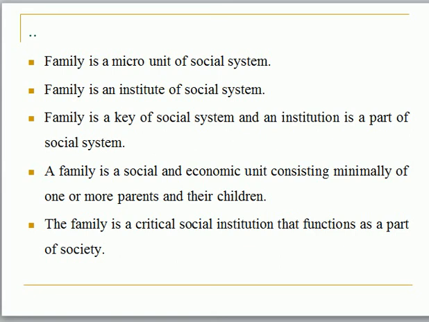Family is a key of the social system, and an institution is a part of the social system. So when the key is not there, the social system will not run, and institutions will not run. Institutions are running because of family. First family comes, then institutions come. A family is a social and economic unit consisting minimally of one or more parents and their children.